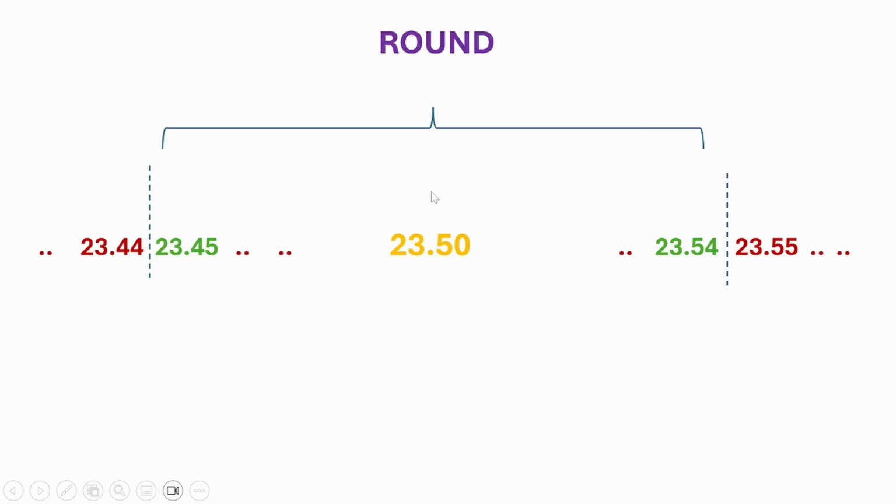The principle behind it is that you'll get a rounded off value of 23.50, for example, if your input is between 23.45 and 23.54. The numbers that don't fall inside this limit will fall under the next rounded off number, such as 23.60 for this number and 23.40 for this number.